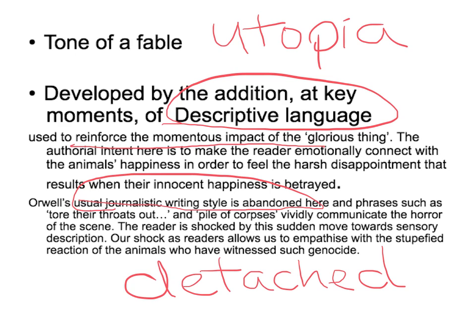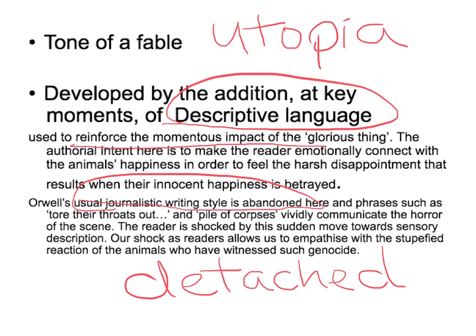So that little bit of emotive language, and you would just say emotive diction, glorious thing, communicates the level of happiness that the animals felt when they first kicked out Mr. Jones. Now, then what you could do is juxtapose that, or show the contrast, with another descriptive piece.